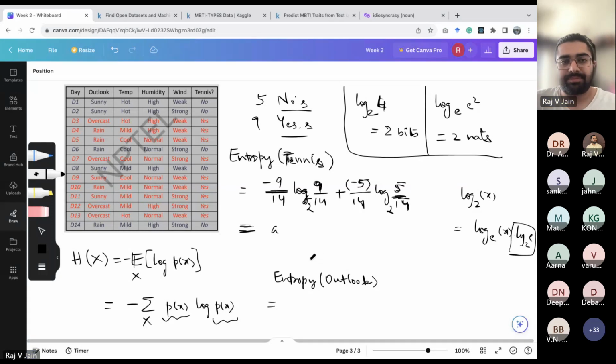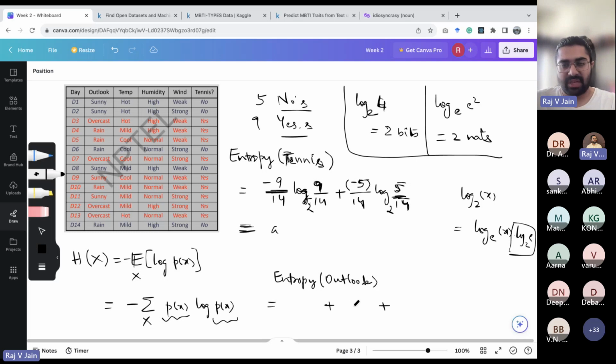So what is the entropy of the Outlook variable? Any thoughts? How would you calculate this? You find the three fractions and then sum over the three fractions, minus f1 log f1.